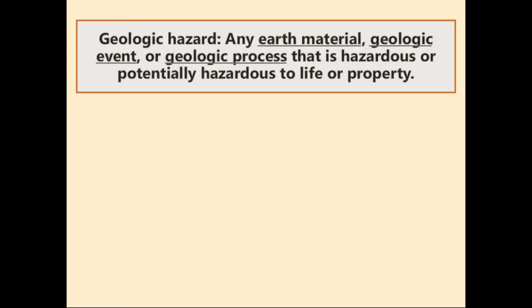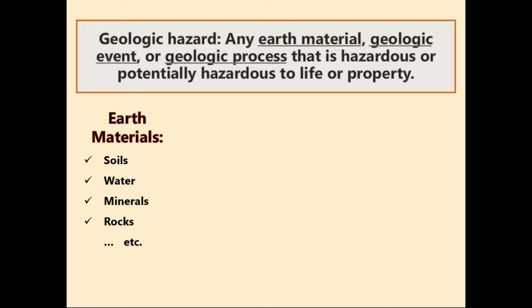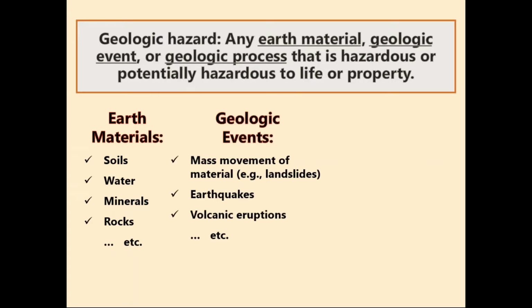So just a brief definition of what a geologic hazard is in the first place. Any earth material, geologic event or process that is hazardous or potentially hazardous to either life or property. Earth materials include water, minerals, soil, rocks, etc. Geologic events are things like landslides, earthquakes, volcanic eruptions, and of course, subsets of those things like tsunamis and seiches and nuées ardentes and lahars.